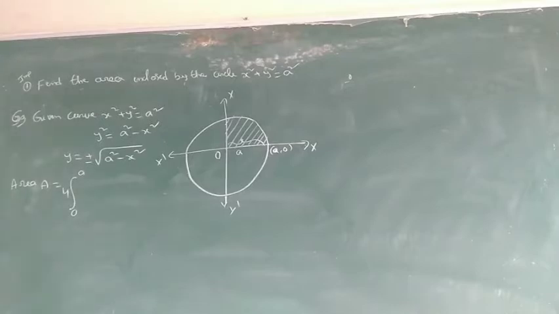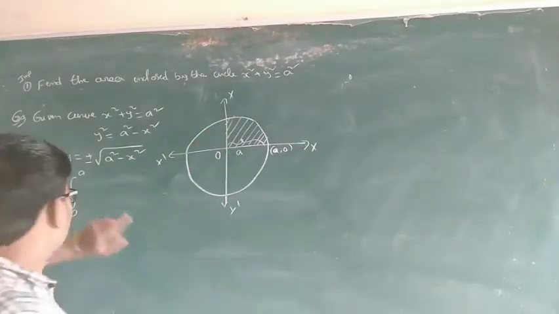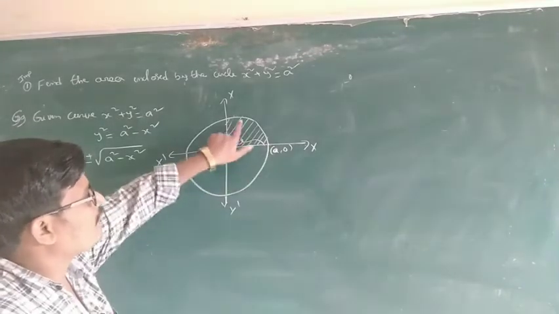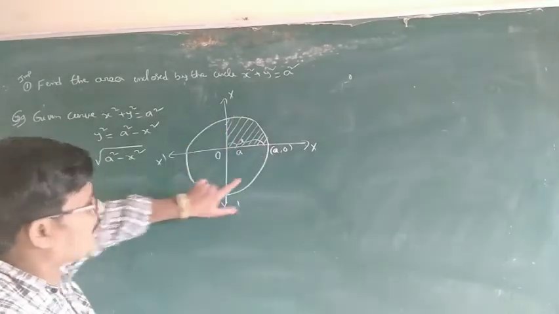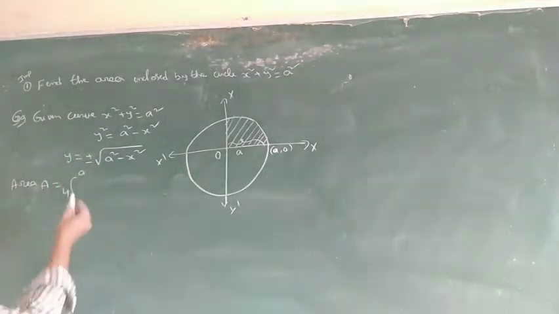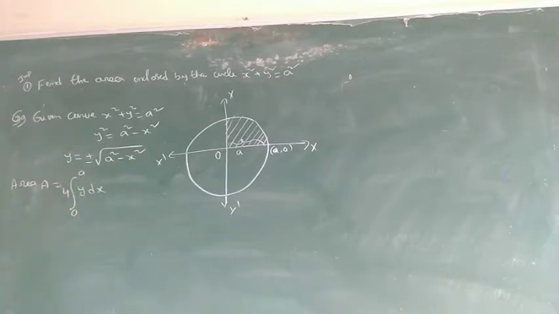Why 4? Four parts. So 4, and the limits are only for the first part, so the four parts are symmetrical or equal. So 4 into integral 0 to a, y dx. This is given.